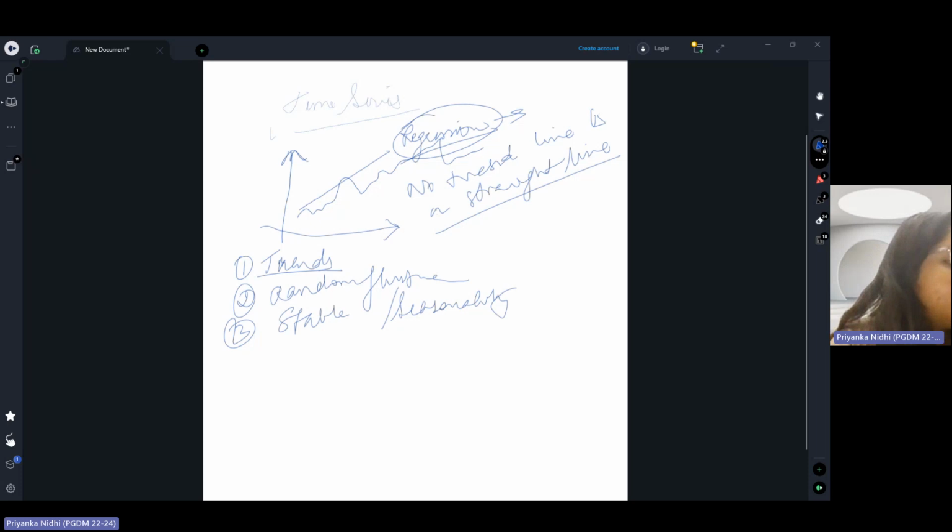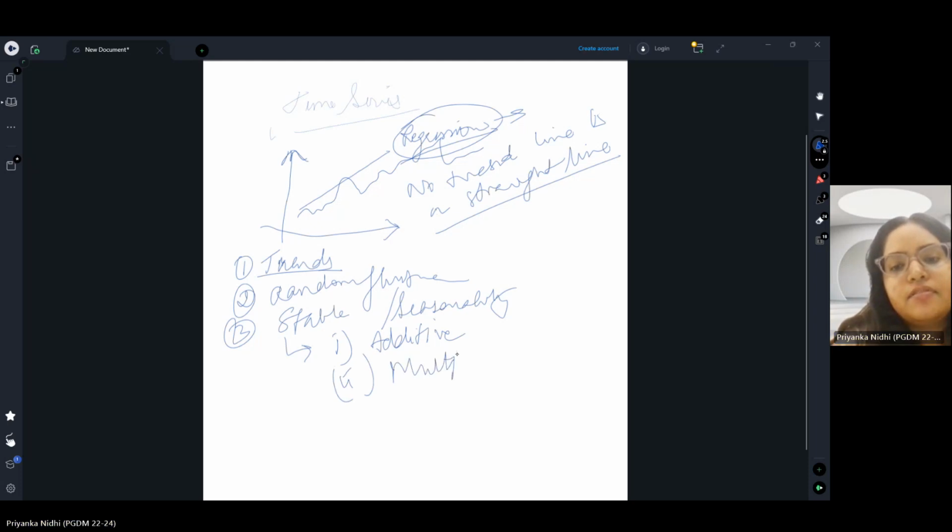These three types are there. And in seasonality, we have two types. One is your additive. Either it is additive in nature or it is multiplicative. So we understand these things, right?